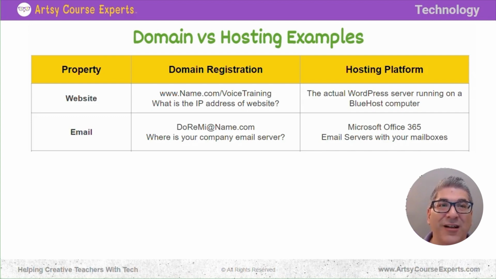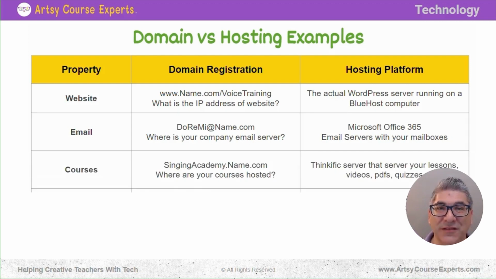And that has all your email servers, your different mailboxes, and your different mail programs talk to that Office 365 to send mail, to retrieve mail, etc. For email, use the domain to find the mail server, and then your mail clients work with the hosting platform that's the mail server to download and send emails.